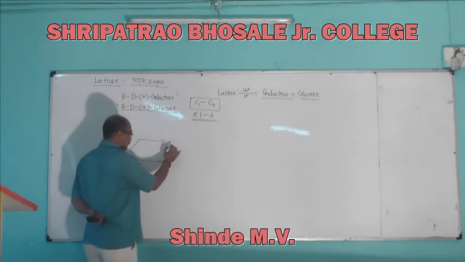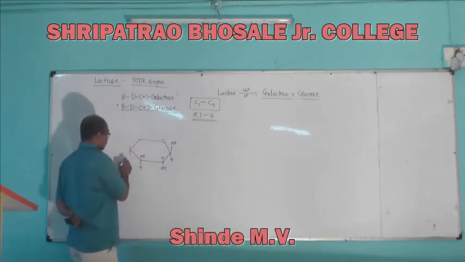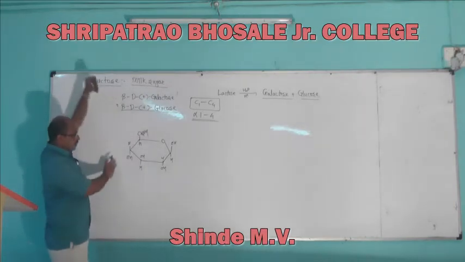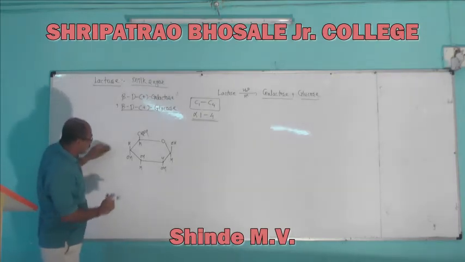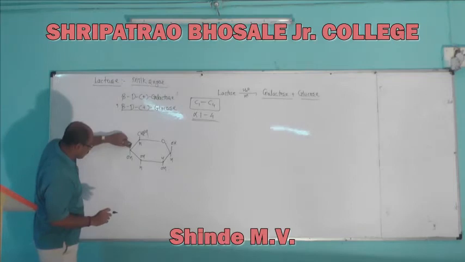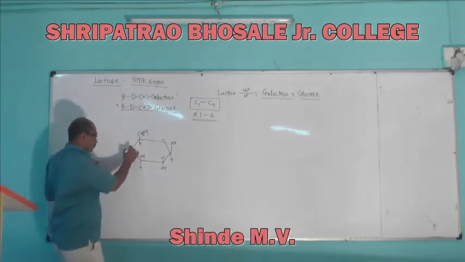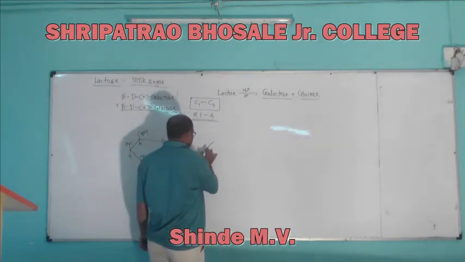Beta means the OH is on the upper side. This is the beta D glucose molecule. When there is a change in the hydroxyl group at one chiral center, this is the molecule of glucose.